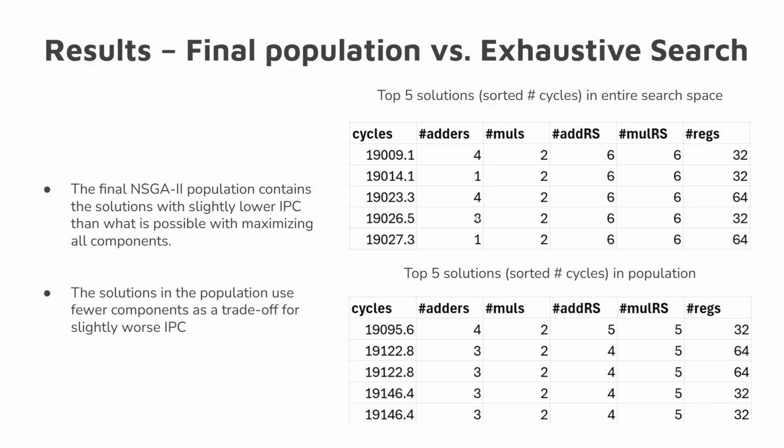So yeah, overall, this comparison shows that the NSGA2 population, the best IPC solutions have slightly worse IPC than what's possible in the whole search space, but the ones chosen have fewer components.